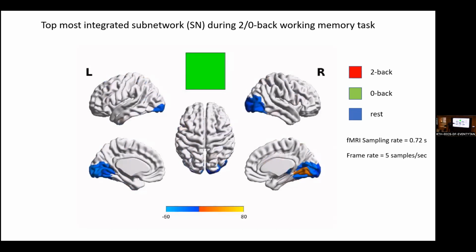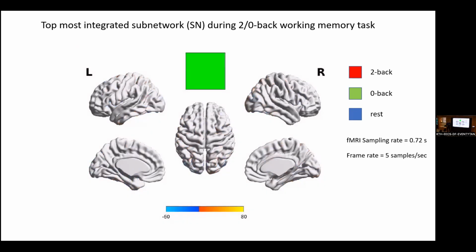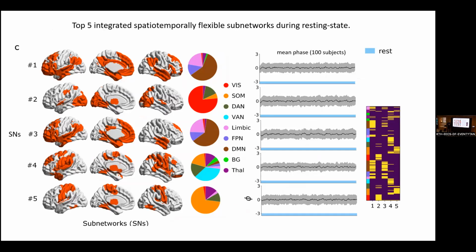And what you see in color is the phase of the signal. So it's basically a wave that starts at some point and then goes back and forth again for the working memory task. I sped it up a little bit in the interest of time.